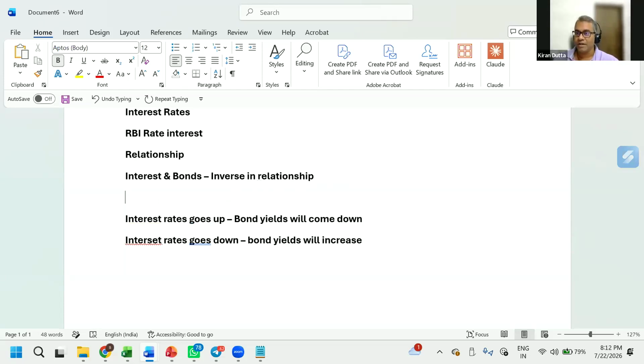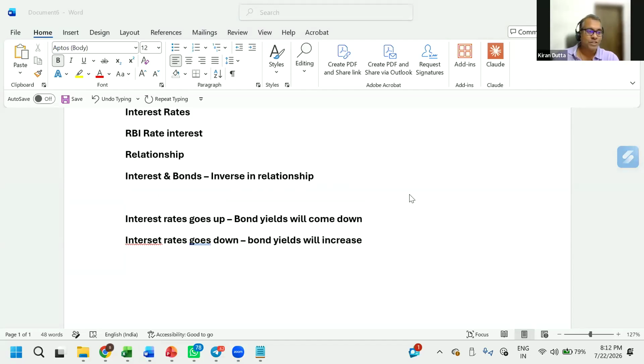How many of you have done debt last year, fixed income as an MF? No one. Okay. Had you done fixed income, the investor would have been super unhappy.